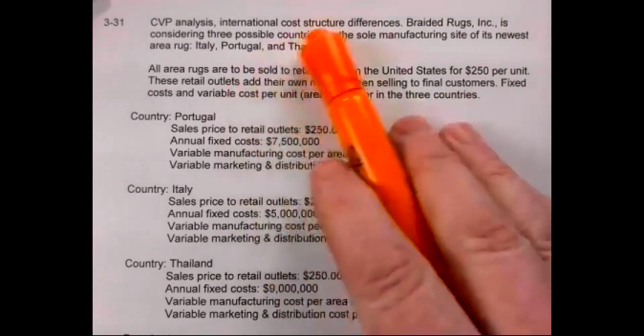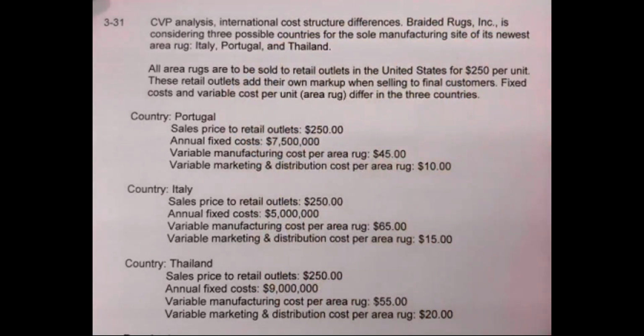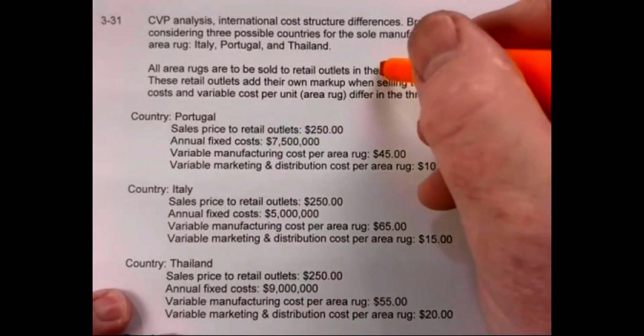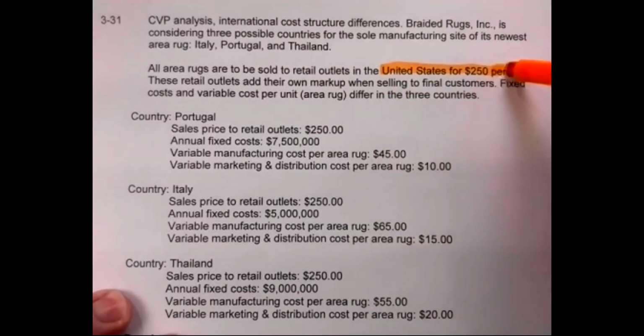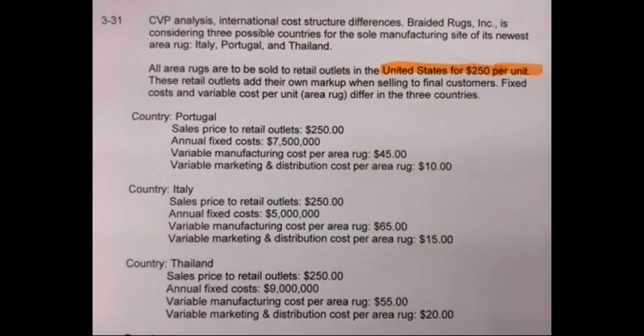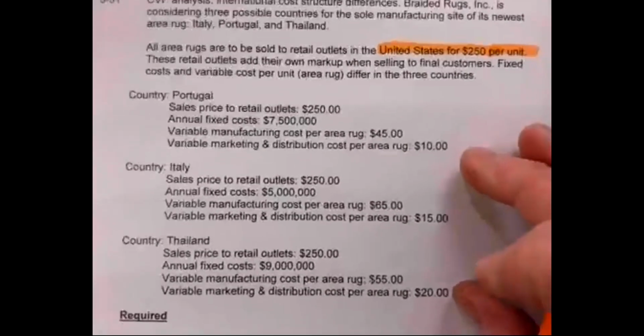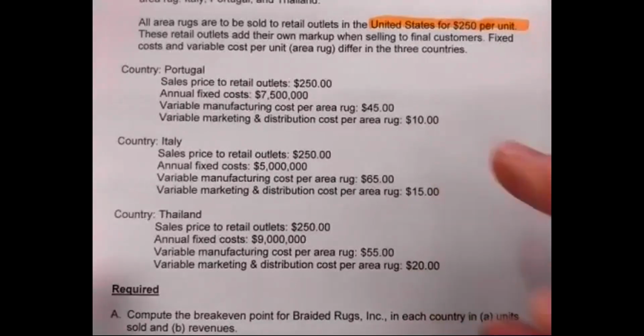Okay, so this is a rug company. They make rugs. And they're going to sell these rugs for $250 per unit. And we have 3 different countries to make the rugs.